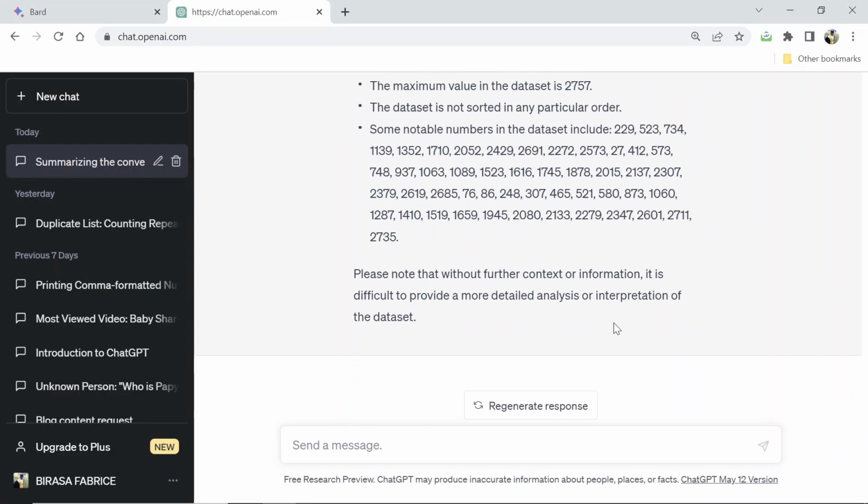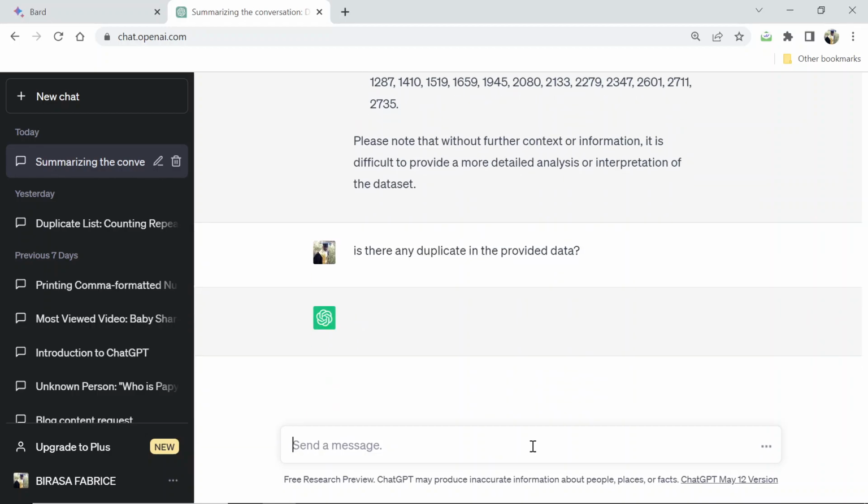I don't know why. But let me ask ChatGPT: is there any duplicate in the provided data? Let me check the response. Yes, there are duplicates in the provided data. Which ones? It says there are duplicates in the provided data without showing me which ones.